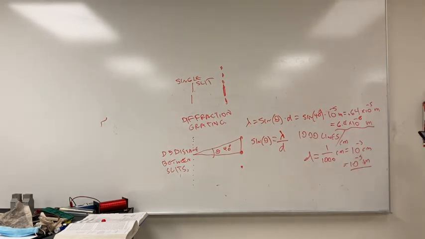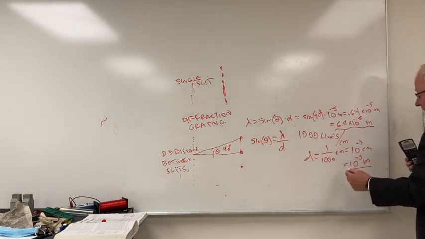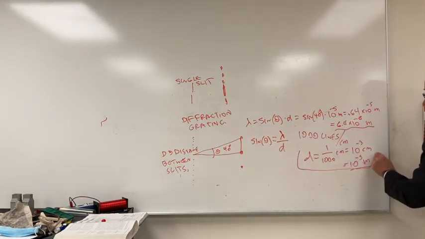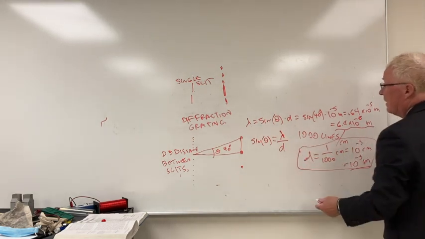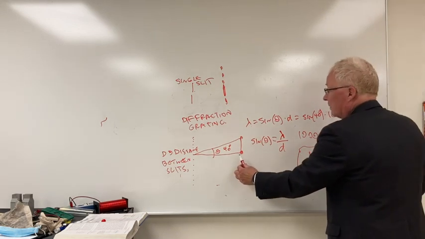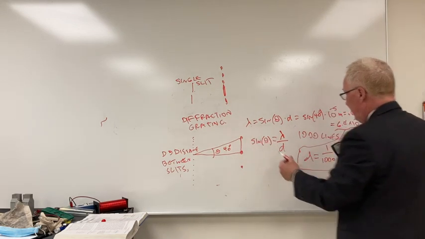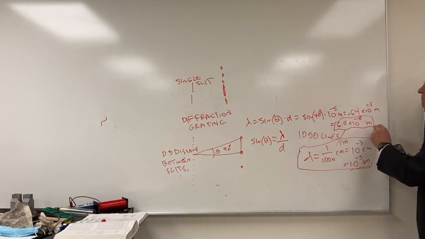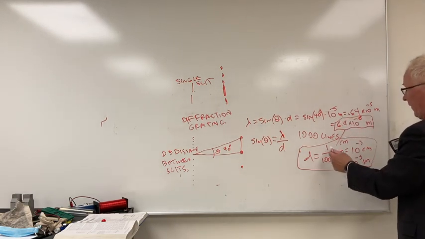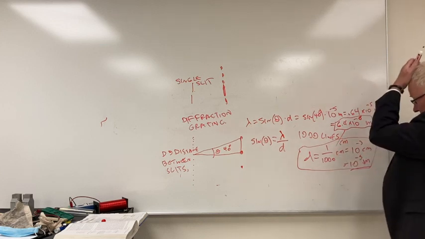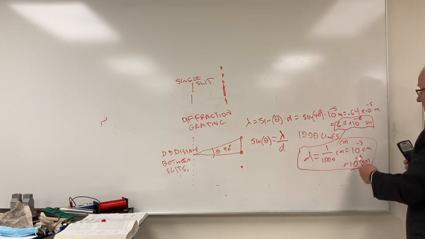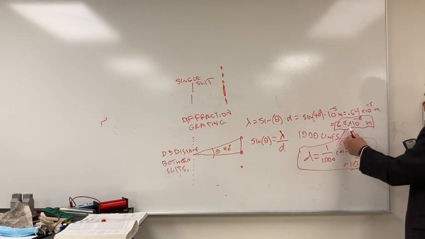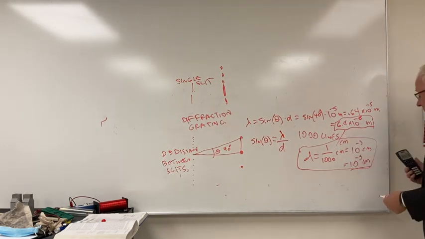Now, I'm just making this up as a problem. In reality, this is too long. But if I give you D and measure this angle, then you can calculate what the wavelength would be. So for this particular problem of D being 1,000 lines per centimeter, we end up with this answer here.